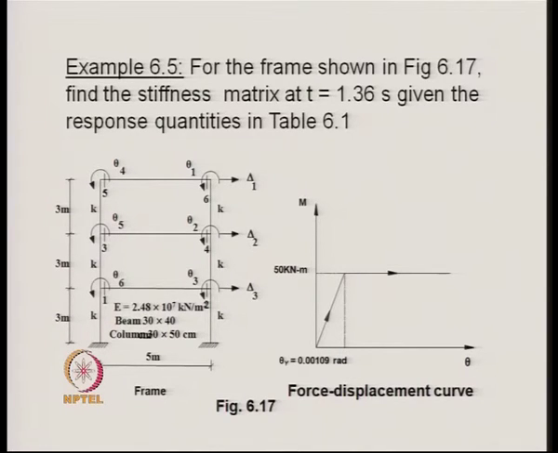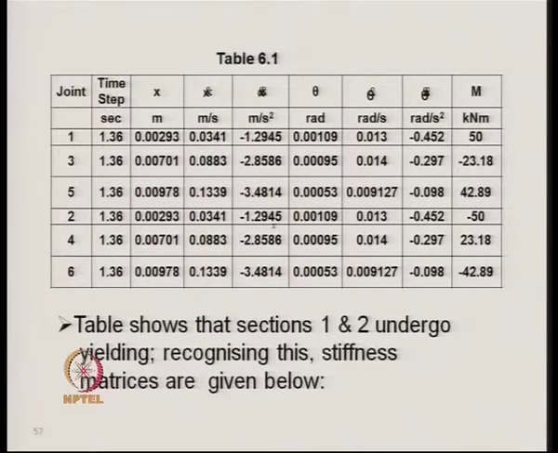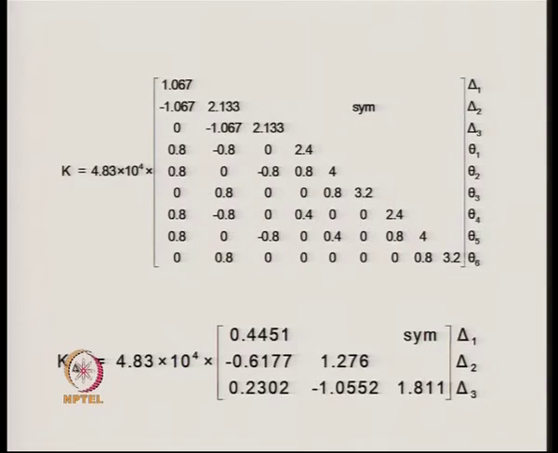In that case, the stiffness matrix that we will be using for finding out the responses at 1.38, over that incremental loading over the time increment, is this k delta matrix.